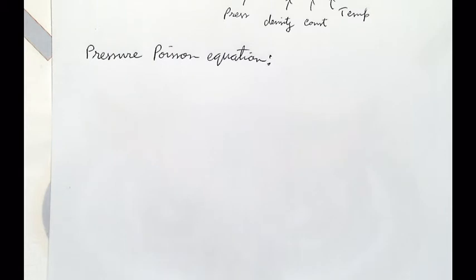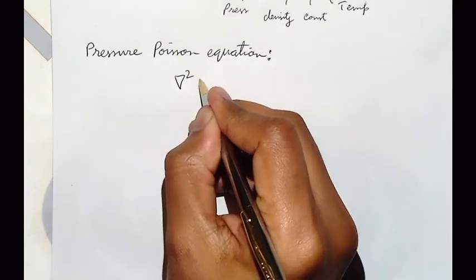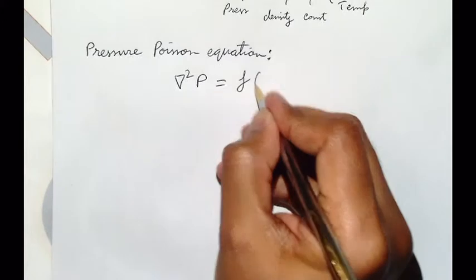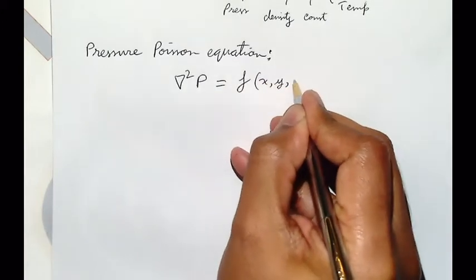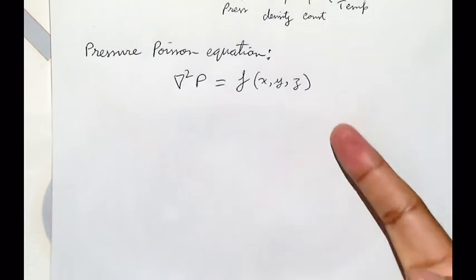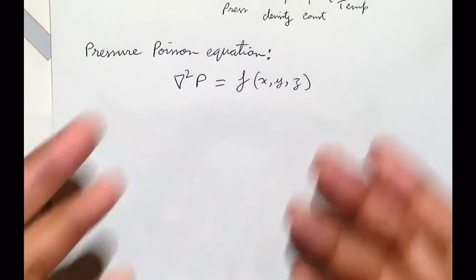The Poisson equation is basically nabla squared of something equal to some f of x, y, or z. It's very simple in form, but it's very, very difficult to solve. Think of it physically.